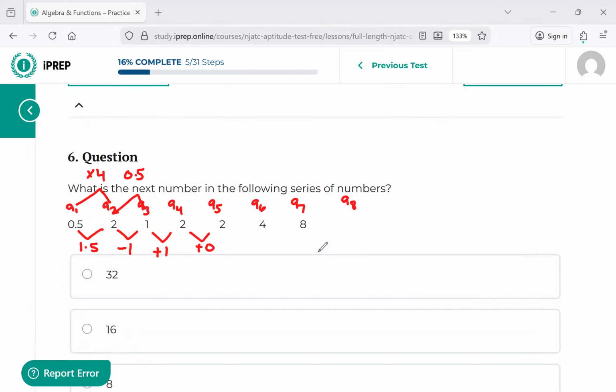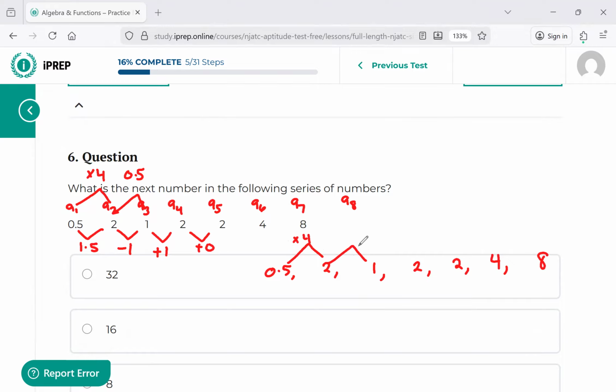Let me write it out here. So from 0.5 to 2, it looks like you had to multiply by 4.